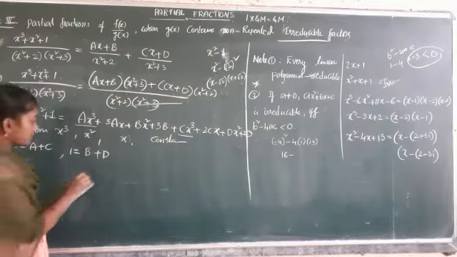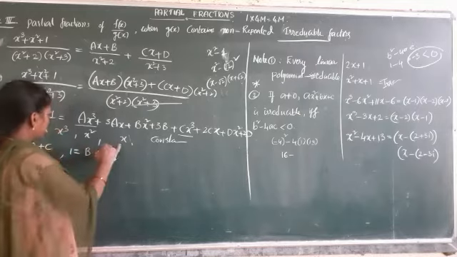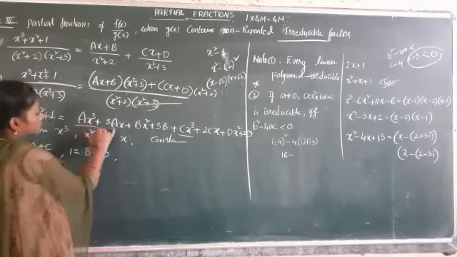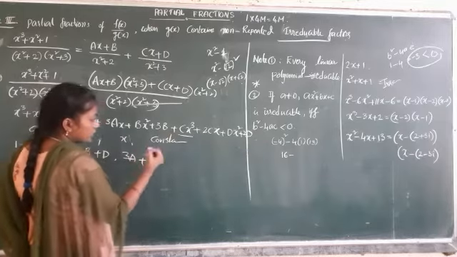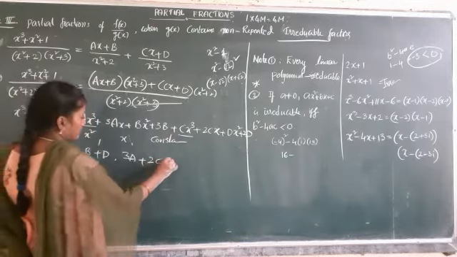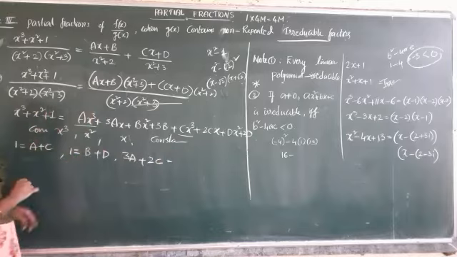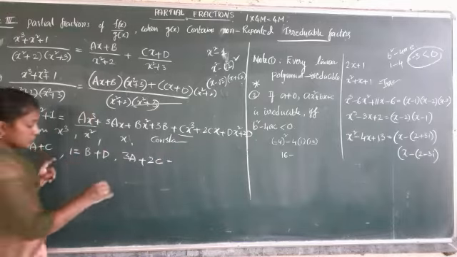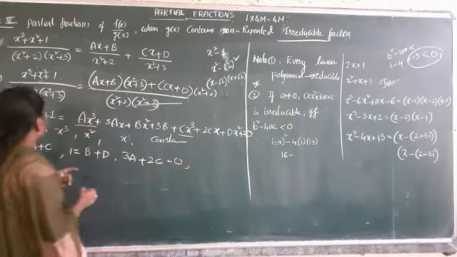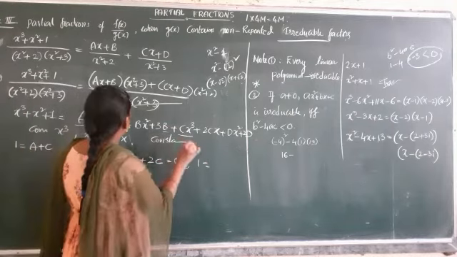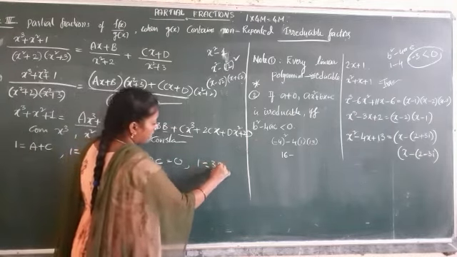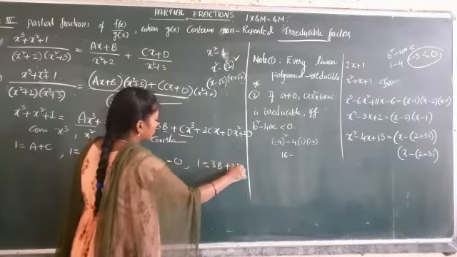Okay, next. x coefficients: 3a plus 2c, and here there is no x term, so this is equal to 0. And constant terms, if we compare, 1 is equal to 3b plus 2d.